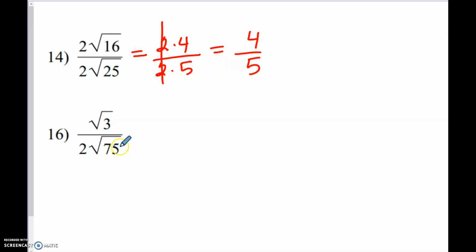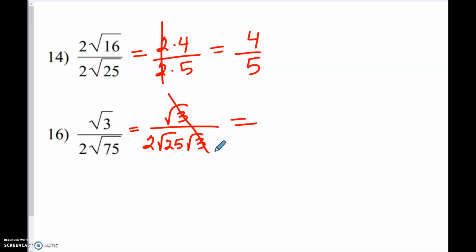Alrighty, so the square root of 75, so this is root 3, and on the bottom, I'm going to get 25 times 3 gets me to 75. So now these 3's cancel. And so what we're left with is 2, and then the square root of 25 is 5. So we end up with 3 over 3 is 1 over 10.